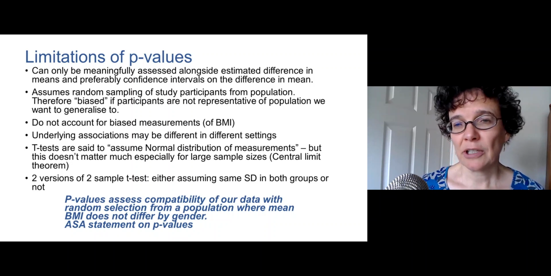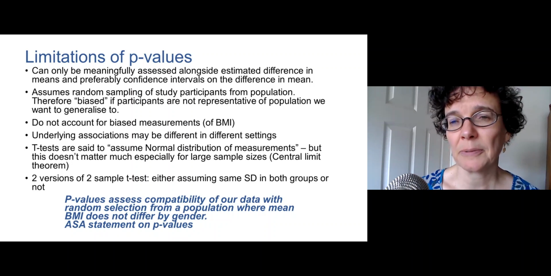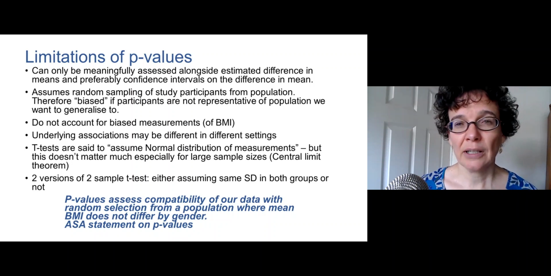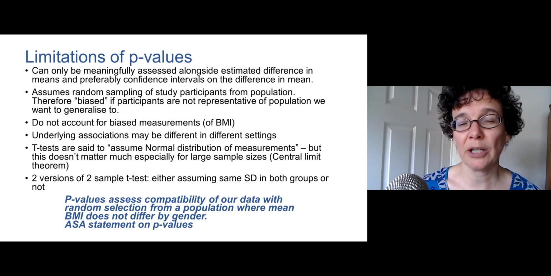Now I'm going to acknowledge that there are two different versions of the two-sample t-test, one that assumes the same standard deviations in both groups and one that doesn't. Overall, p-values assess the compatibility of our data with random selection from a population where mean BMI doesn't differ by gender.